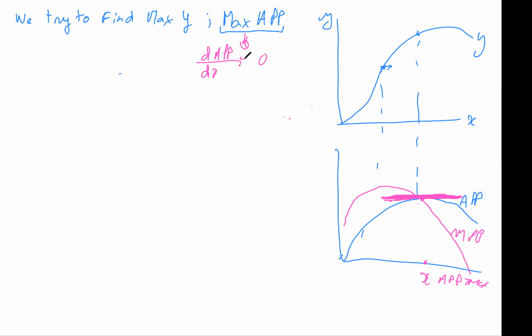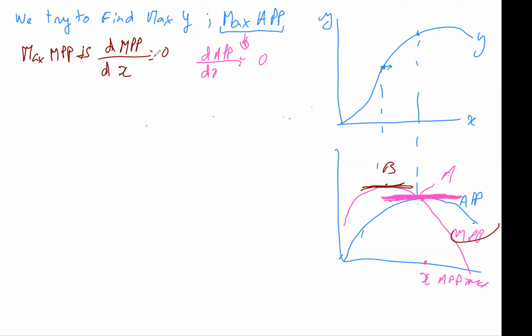That gives this point A. To find point B, the maximum of marginal physical product, the derivative of marginal physical product over dx is equal to 0.